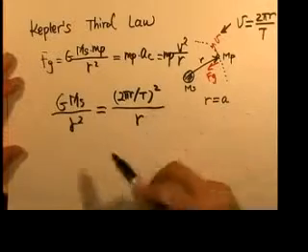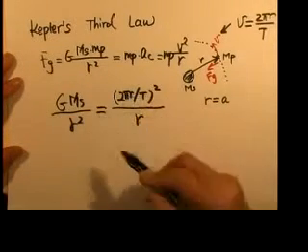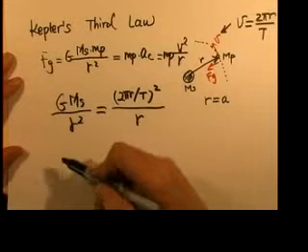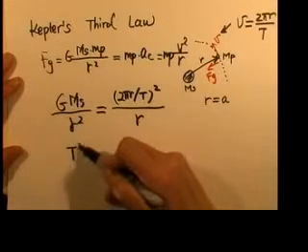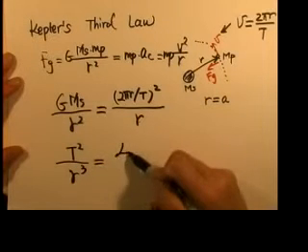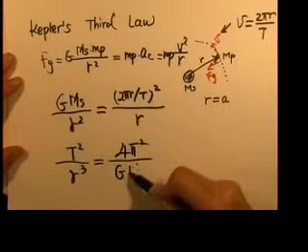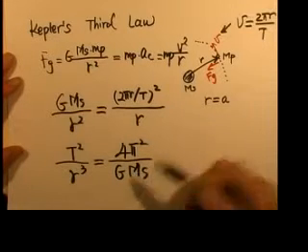As you can see, one of the r's cancels, but here is r squared. If we combine everything, the result comes out as T squared over r cubed equals 4 pi squared divided by capital G, mass of the Sun.